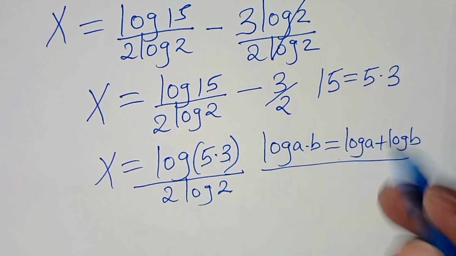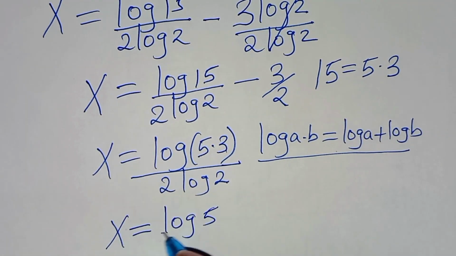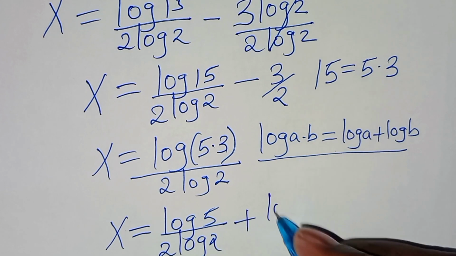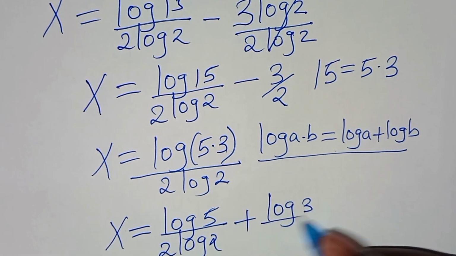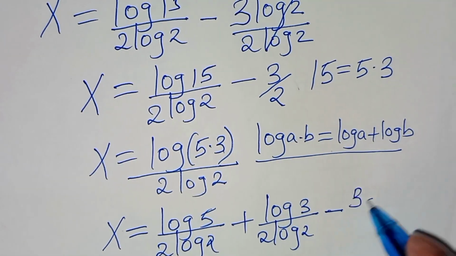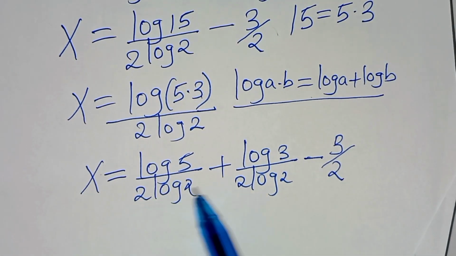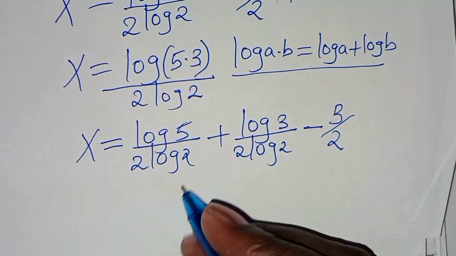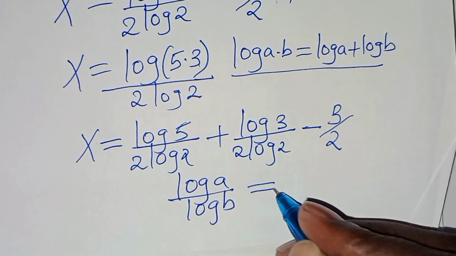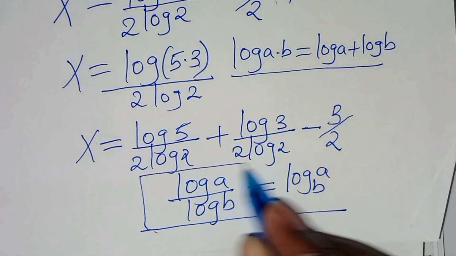So applying this logarithm property, then we can express x as log 5 divided by 2 log 2 plus log 3 divided by 2 log 2 subtract 3 over 2. The next step here, log 5 divided by log 2 and log 3 divided by log 2, this is in the form of log A divided by log B, which we can express as log A to base B. So let's apply this property.